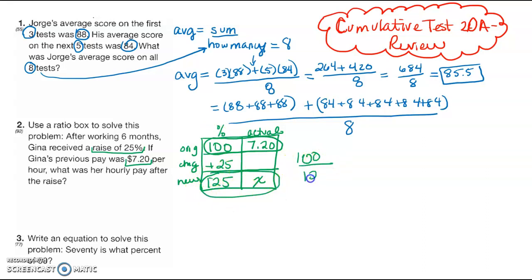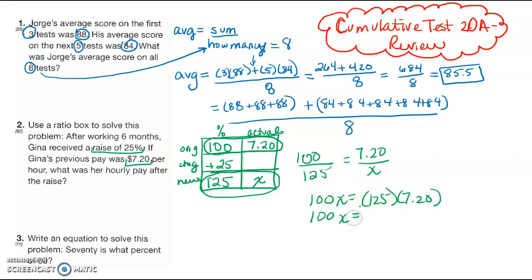I'm going to do 100 divided by 125 is equal to 720 times x, or over x. Cross multiply. $125 times 720. I get 900. So her new hourly pay is $9.